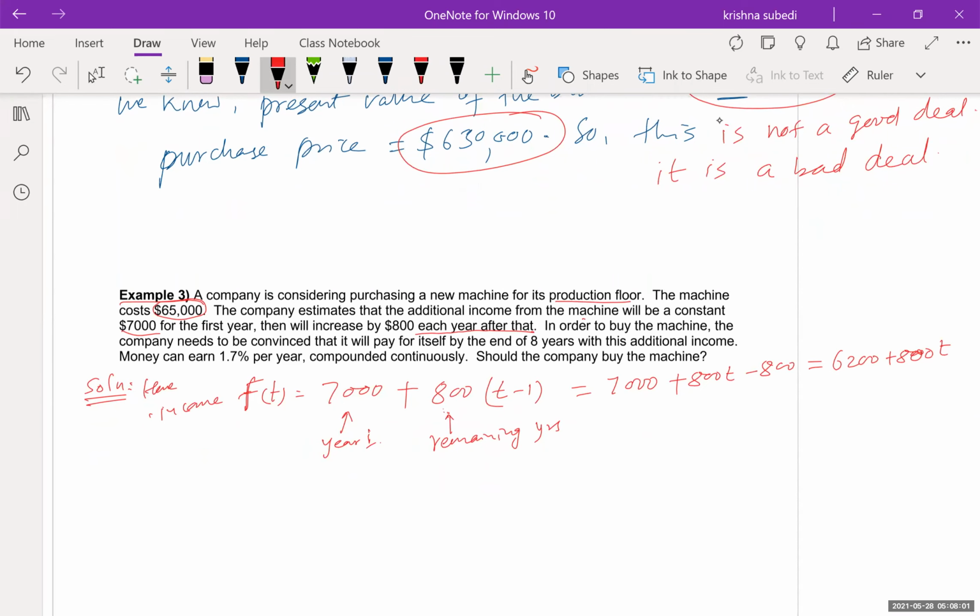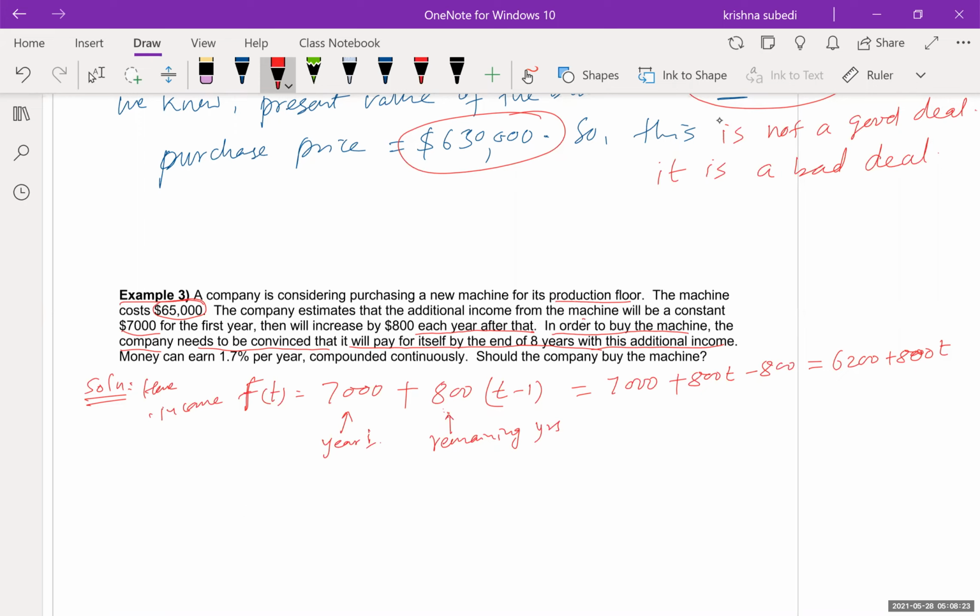All right. In order to buy the machine, the company needs to be convinced that it will pay for itself by the end of 8 years with this additional income.